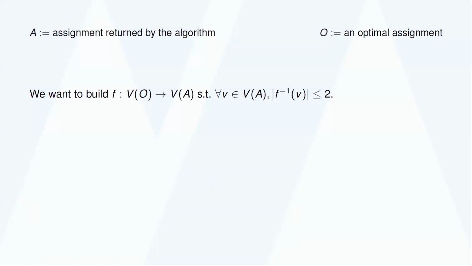Because if this is true, then it means that the size of the optimum is at most 2 times the size of A, which is exactly what we want to prove.